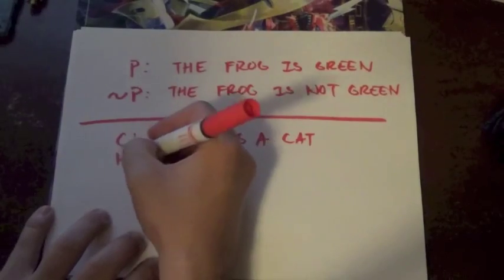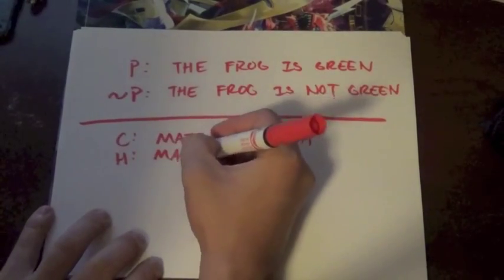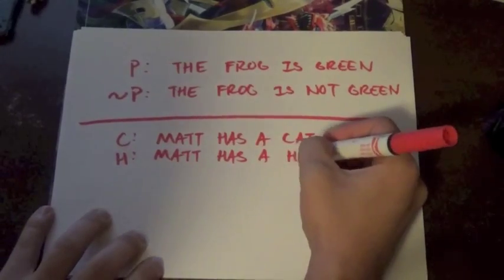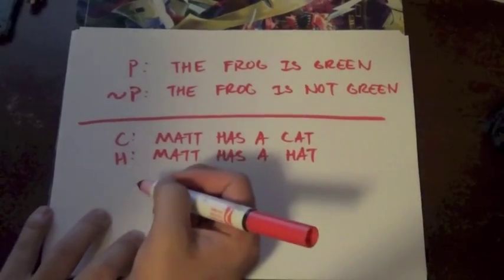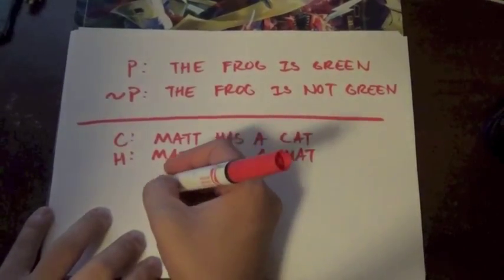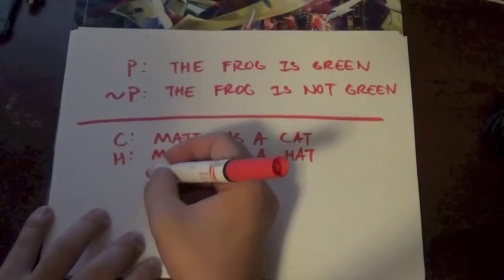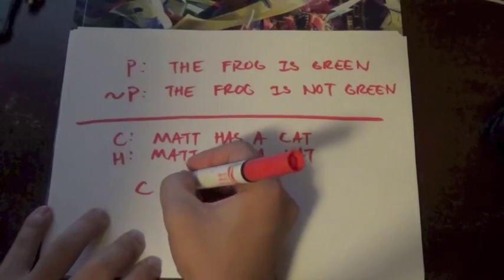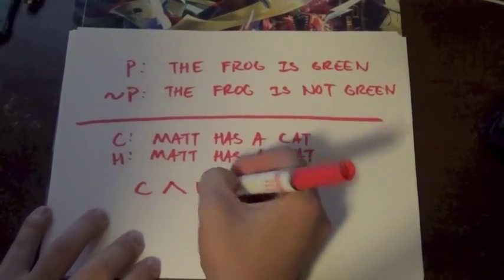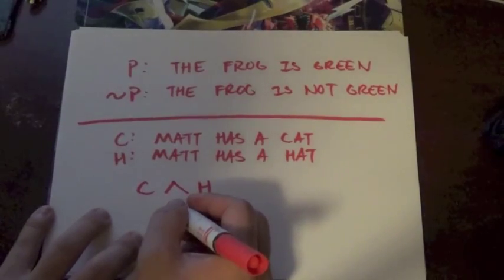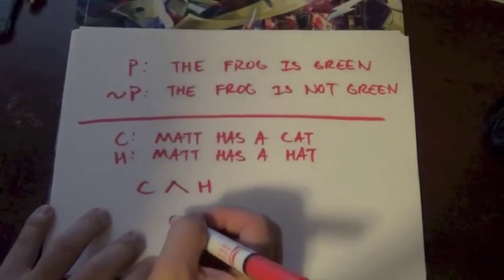And statement H: Matt has a hat. If I wanted to combine these statements, there's two ways I could do that. The first way is to say C and H. This symbol, you can easily remember, means and because it points upward like an A.